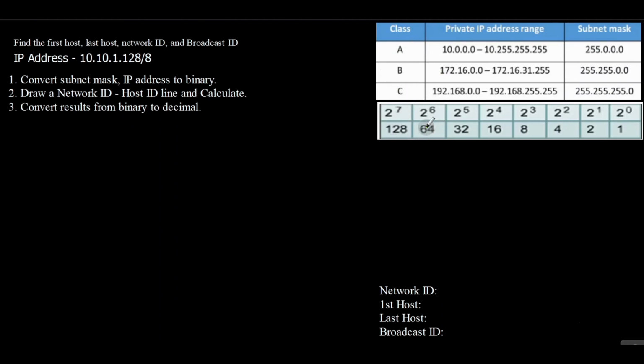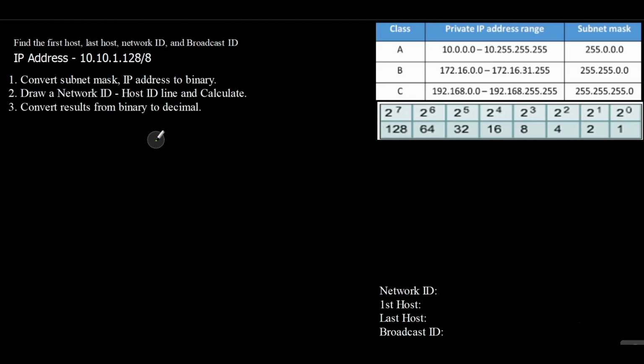And also I do have this very important chart that you need to be familiar with, and you are going to use it most of the time if you are doing subnetting or basic IPv4 calculation. And this is basically converting from decimal to binary. So here I'm going to follow a few steps: writing my IP address and my subnet mask in binary.